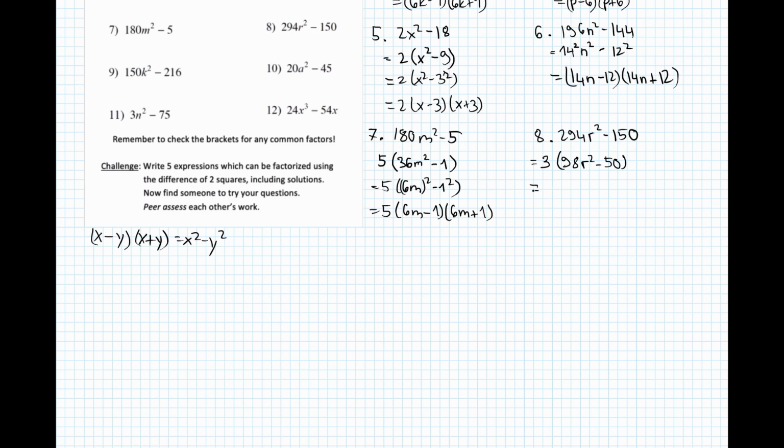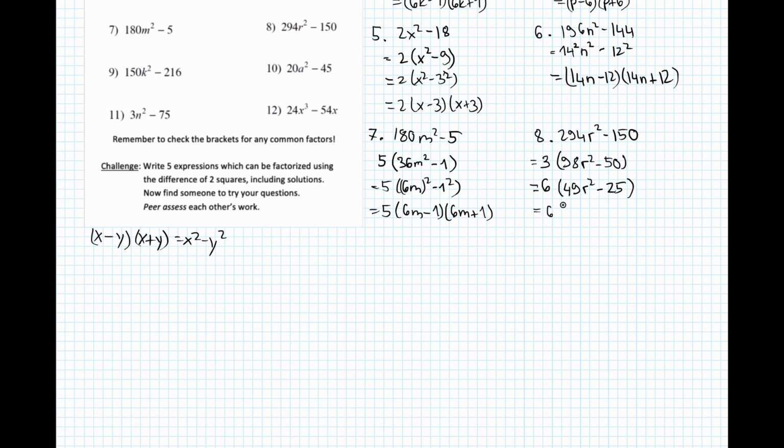So we'll try to factor out another prime number, for example the 2. Try the 2. So in the front we'll have 6, and 98 divided by 2 is just 49, and that is a perfect square now. I hope you recognize it. Minus 25.